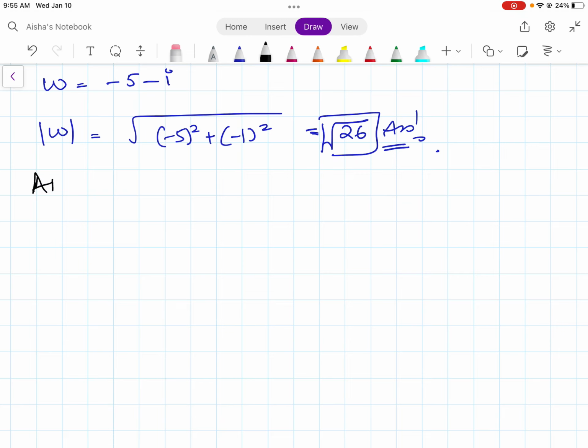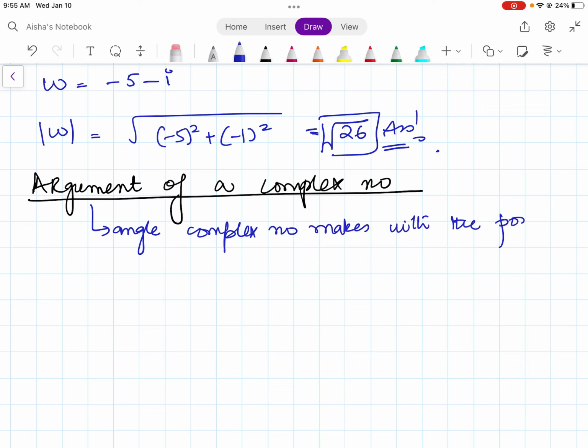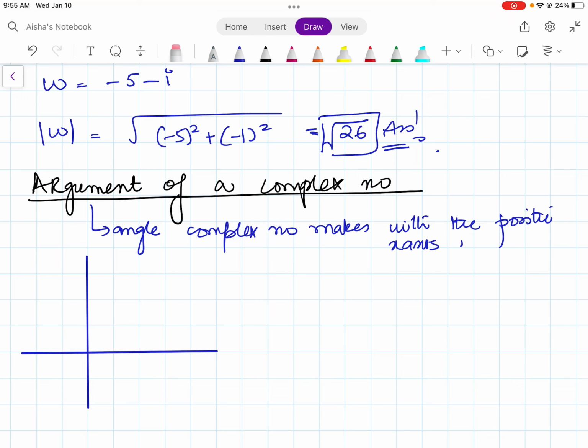Now let's talk about the argument of a complex number. Argument is the angle a complex number makes with the positive x-axis. Meaning, if this is your Argand diagram, if the complex number is in the first quadrant, this will be your argument.